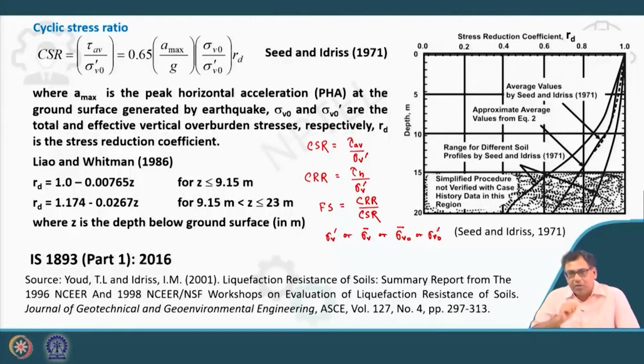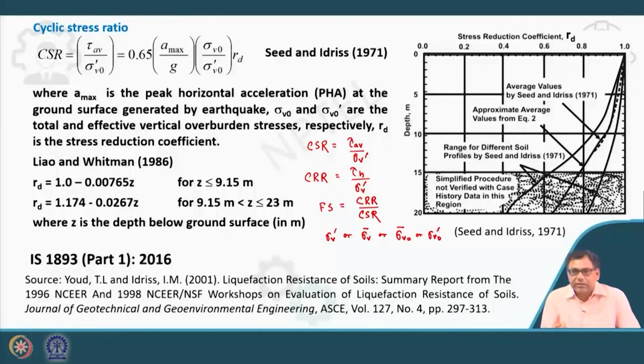If it is the bedrock Amax, then you have to do the ground response analysis, and from the bedrock you have to get the ground surface Amax, and that you have to use. Clear? And for bedrock Amax, how you will get that, we have discussed different attenuation relationships. From there you will get those data, or for a particular site you can go for seismic hazard analysis also, and from there you will get the Amax.